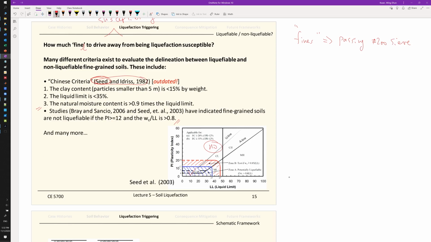So that is the susceptibility of soil liquefaction. The very first step we do is to check the Atterberg limits. If the soil is outside the wet and blue area, then you don't need to do any evaluation of soil liquefaction, because the soil is too cohesive to be liquefied.